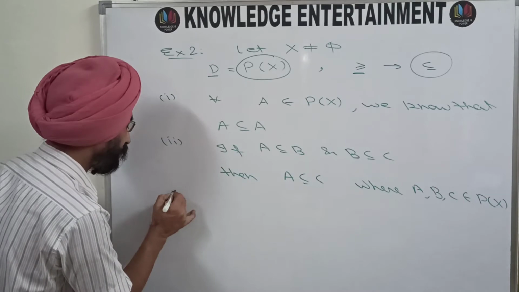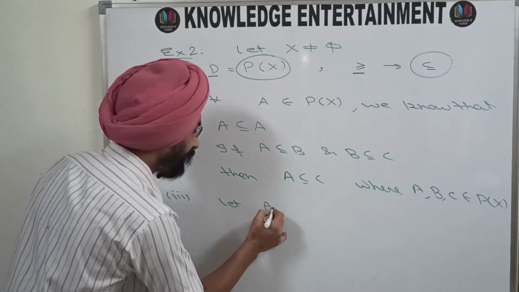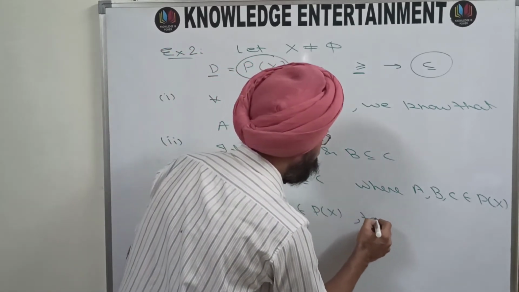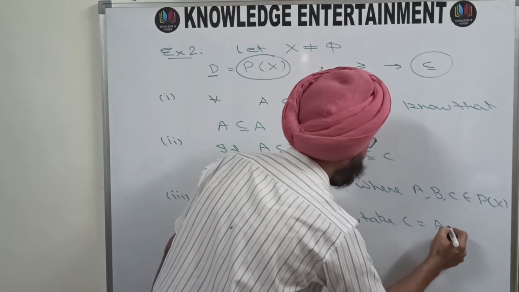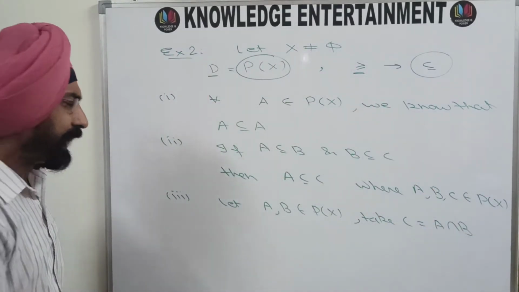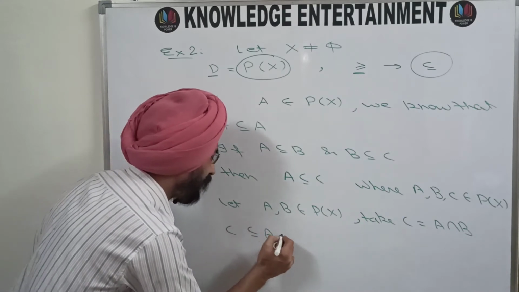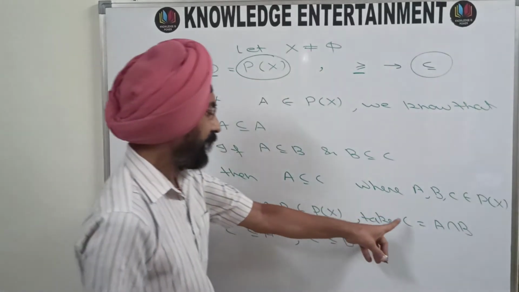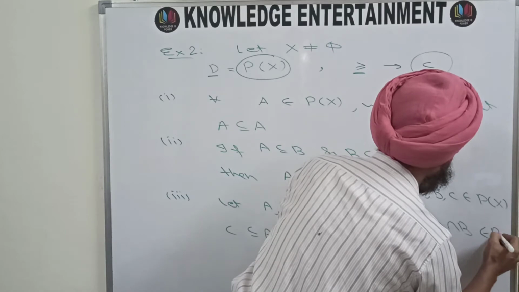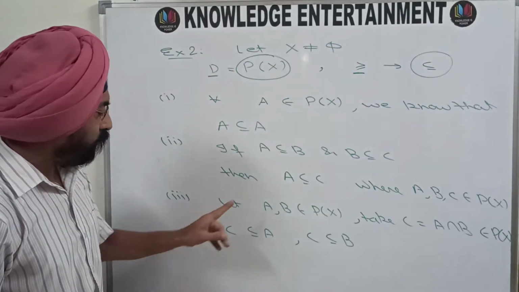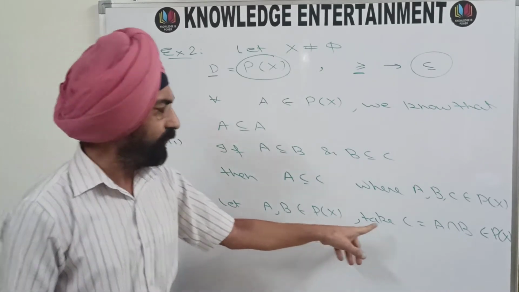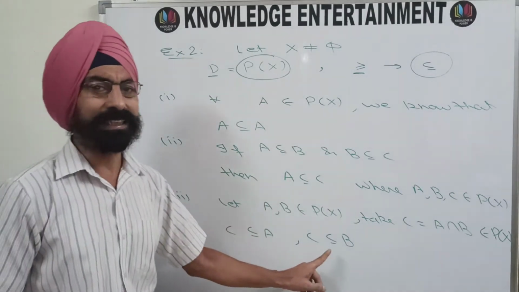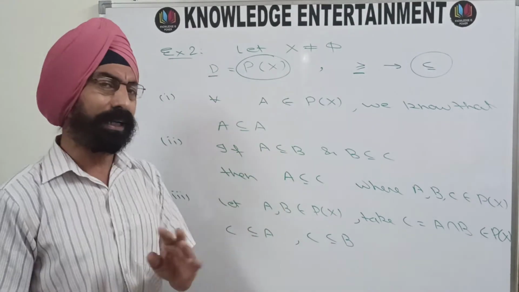Thirdly, let A and B be any two members of the power set of X. Take C as A intersection B. Then C is a subset of A and C is a subset of B. And C, that means A intersection B, is also a member of the power set of X. That means for every A, B belonging to this set, you are always having a third set C in the same set, the power set of X, such that C follows A and C follows B. So the third property is also satisfied.